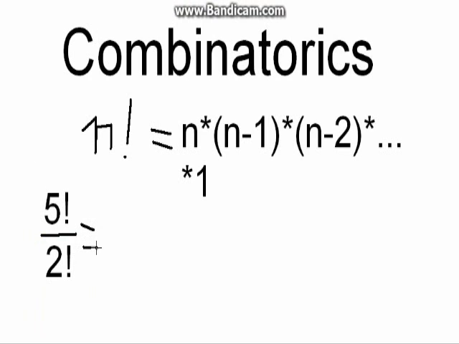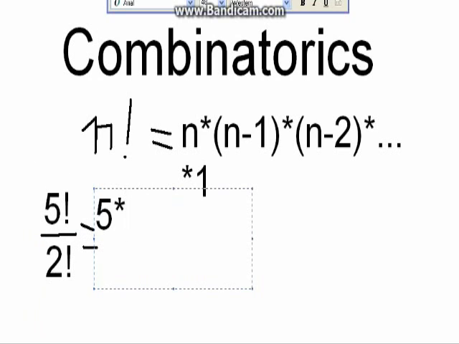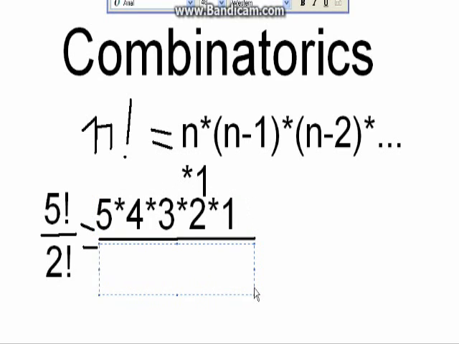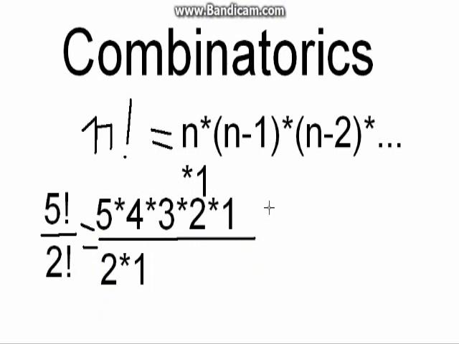If you remember, 5 factorial means 5 times 4 times 3 times 2 times 1, while 2 factorial is just 2 times 1. So if we have these numbers, the 1's cancel out, and the 2's cancel out as well, and you're left with just 5 times 4 times 3.